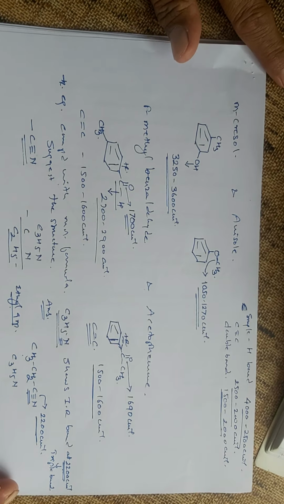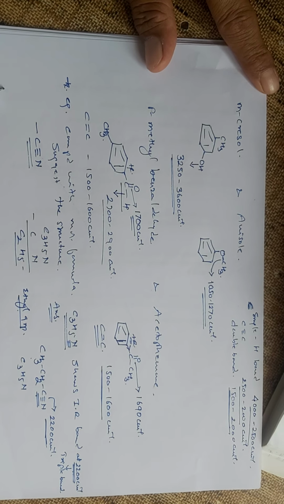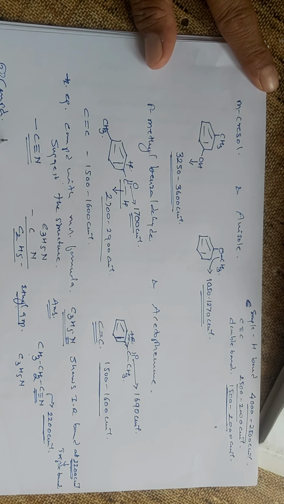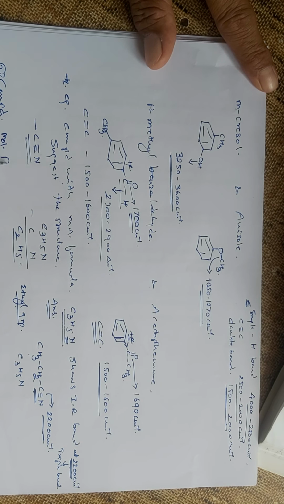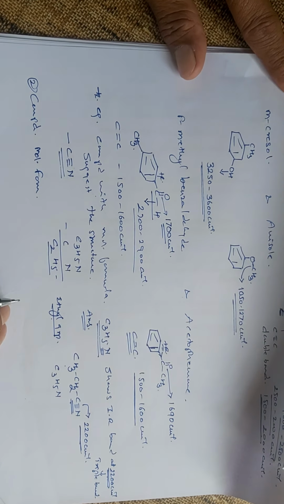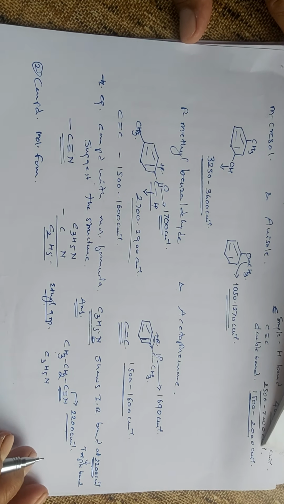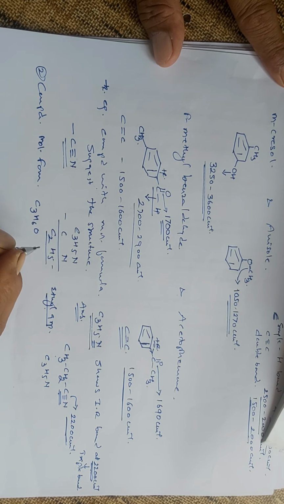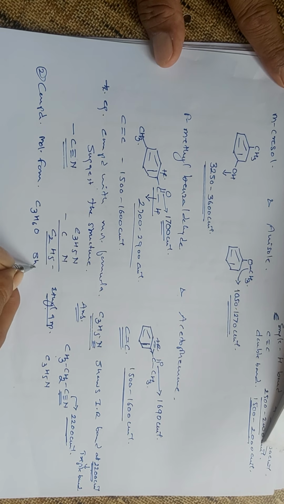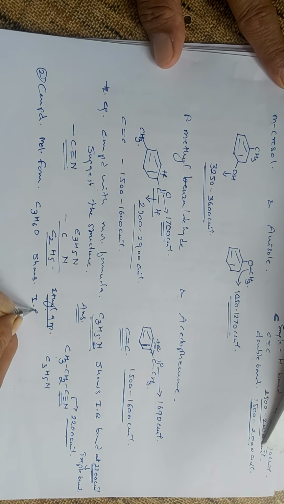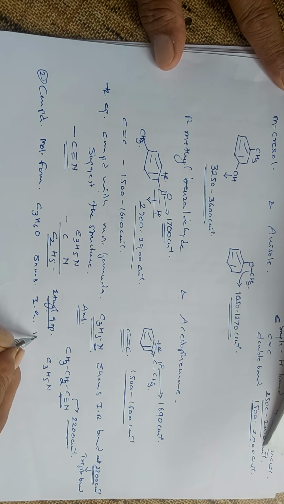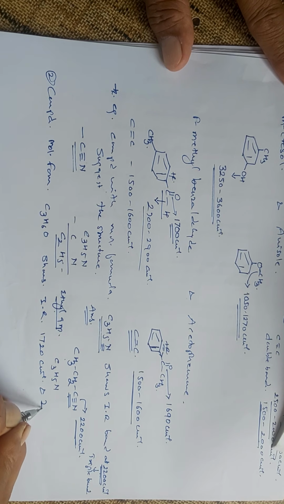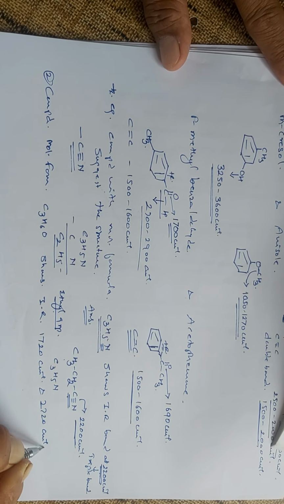Then the second example: an organic compound with the molecular formula C3H6O shows IR bands at 1720 reciprocal centimeter and 2720 reciprocal centimeter.